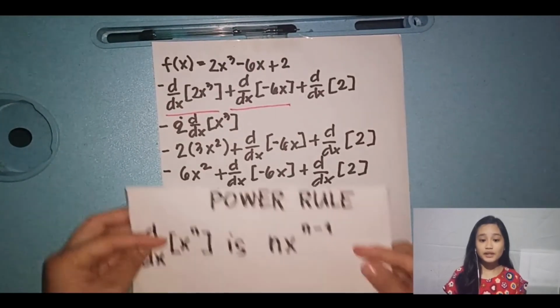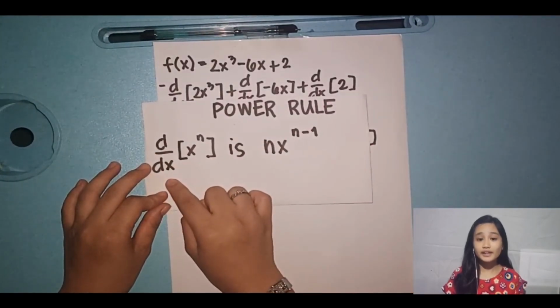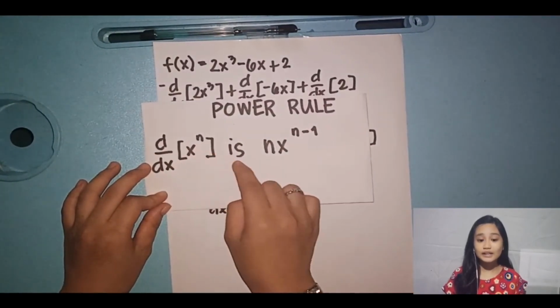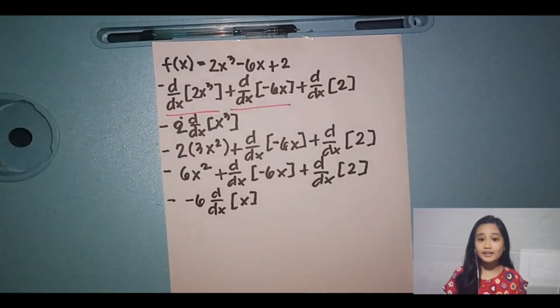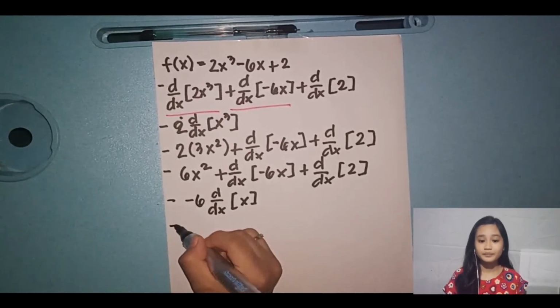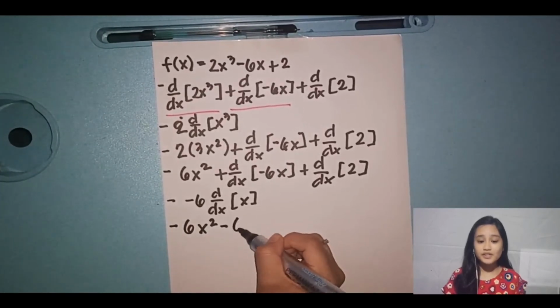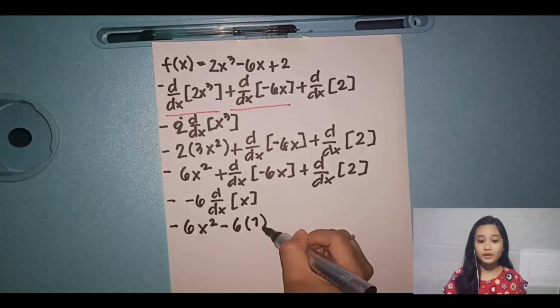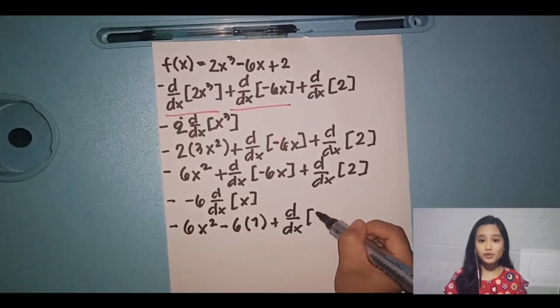Differentiate using the power rule, which states that d over dx times x raised to n is n times x raised to n minus 1, where n is equal to 1. 6x squared minus 6 times 1 plus d over dx times 2.